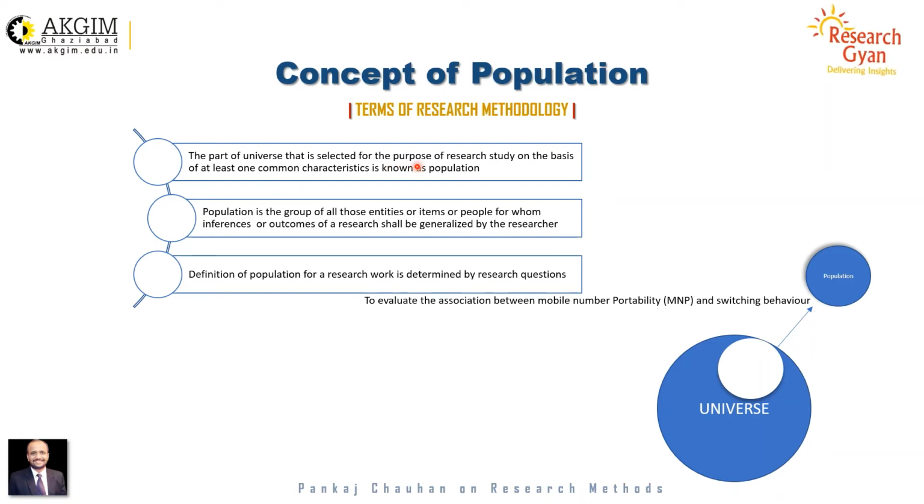So I need at least one common characteristic of the mobile users, plus I need to explain the expected profile of the people to whom the result of my research work would be generalized. And lastly, what to include in the expected profile of the people should be determined by the research question. So in case of population, the research question by and large determines the population, whereas in case of universe it was the research area.